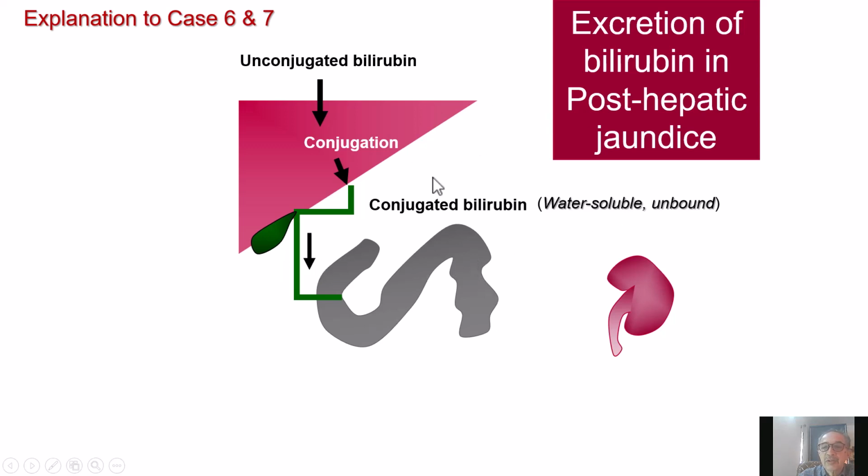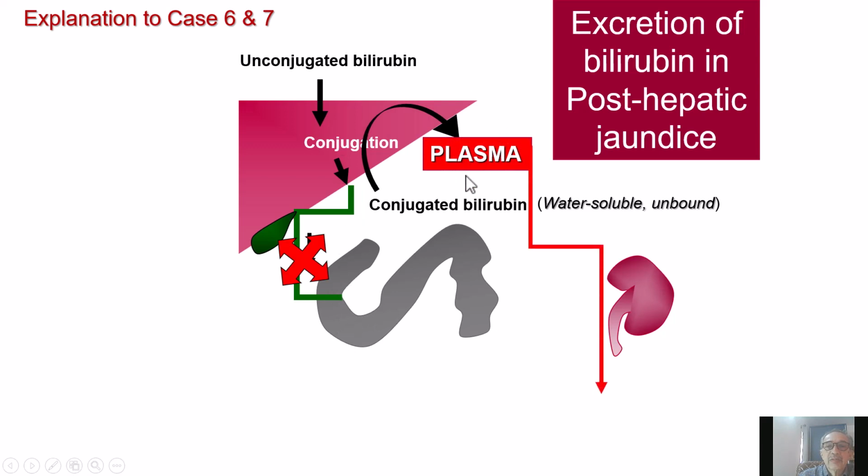We will not bother. It's assumed that you know what's happened here. Obstruction of the bile, whether here or here. So there is conjugated bilirubin. This is obstruction somewhere here. Bile duct and flow into the second part of the duodenum is abnormal.